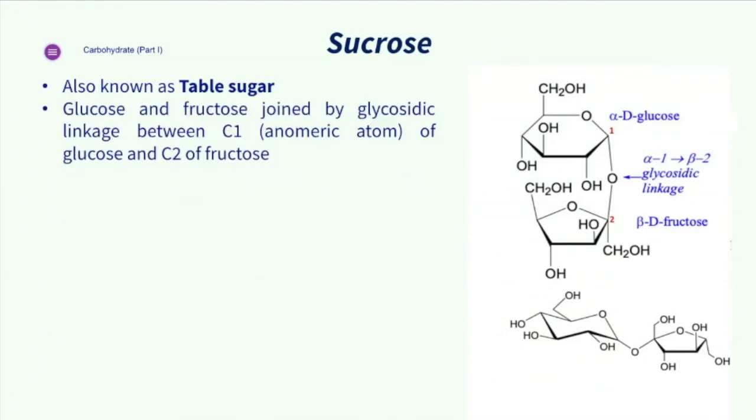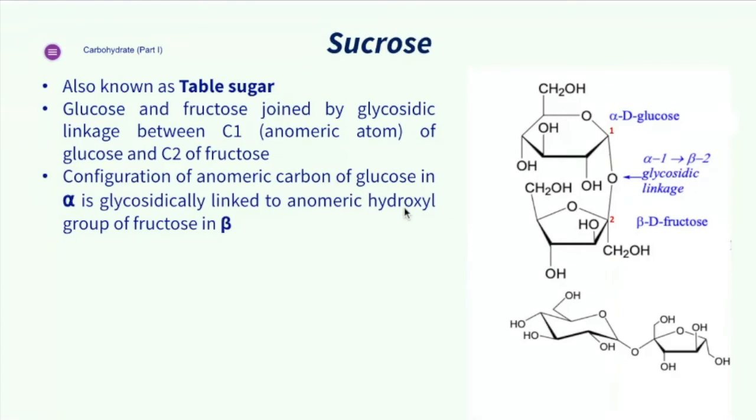How about sucrose? Sucrose is known as table sugar. It is joined from glucose and fructose. The C1 on the glucose reacts with the C2 on the fructose by a glycosidic bond. The configuration of the glucose is alpha, and the anomeric hydroxyl in fructose is beta.